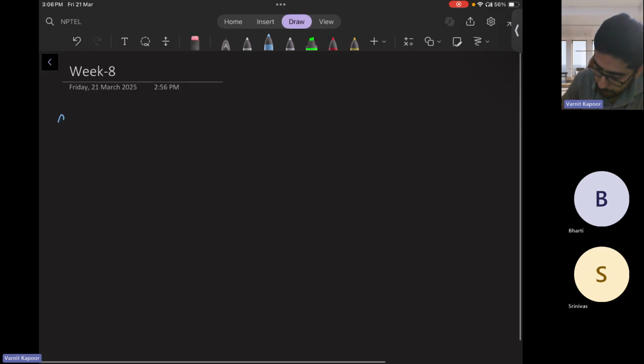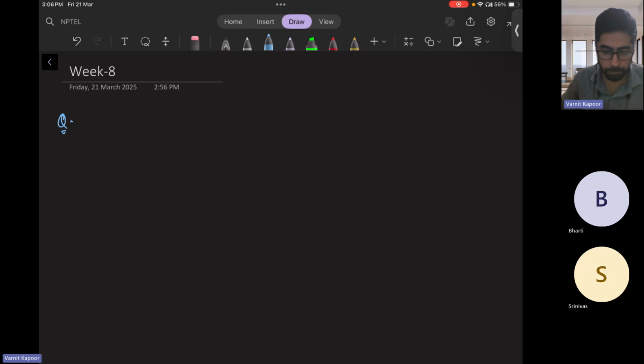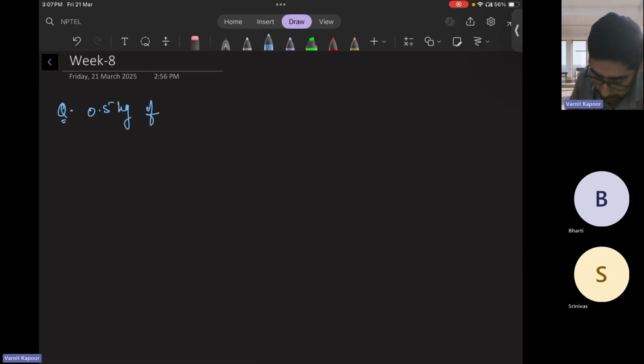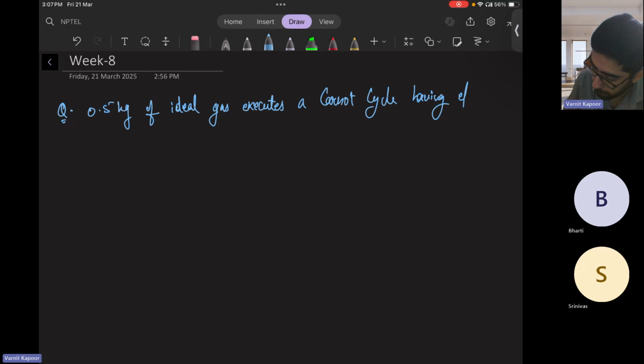The question is like this. 0.5 kg of air executes a Carnot cycle having an efficiency of 50%.